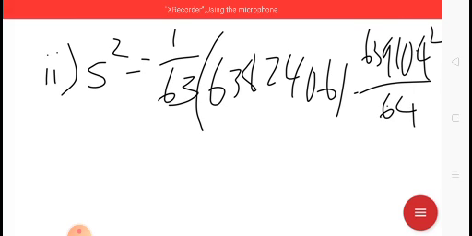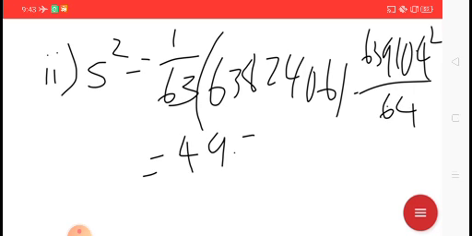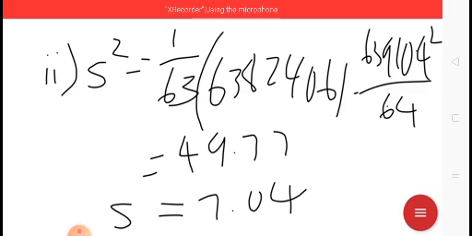Once you calculate this, you should get 49.77. So s will be equal to the square root of 49.77, about 7.05 standard deviation.